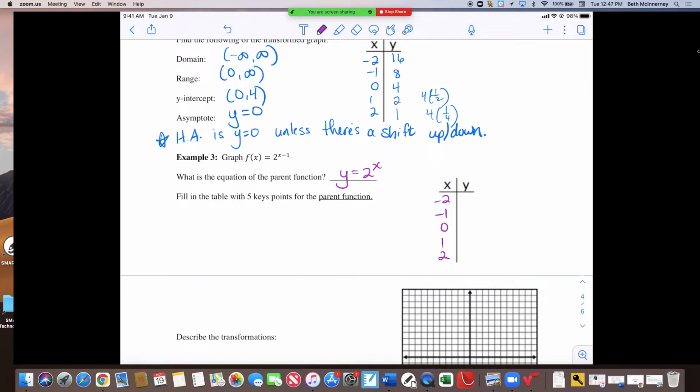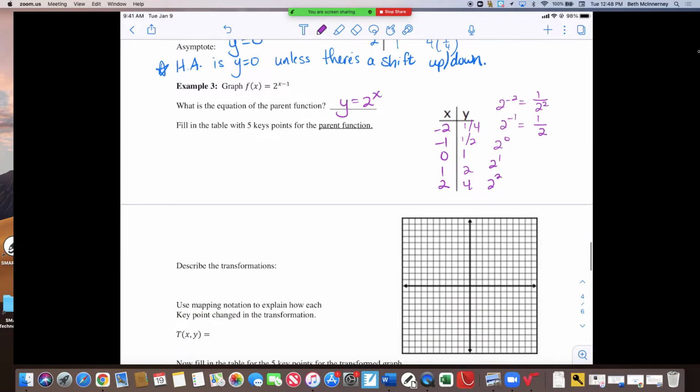So I like to start at the bottom of my table because I know how to do 2 to the 2 power. 2 to the 2 is 4. 2 to the 1 is 2. 2 to the 0 is 1. 2 to the -1, remember, is 1 over 2 to the first. 2 to the -2 is 1 over 2 squared, or 1/4.